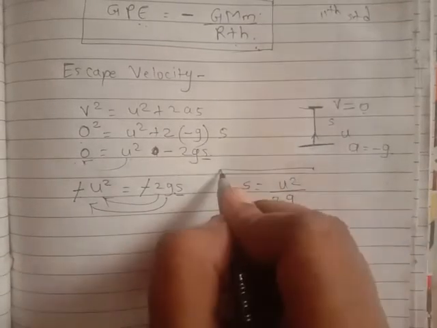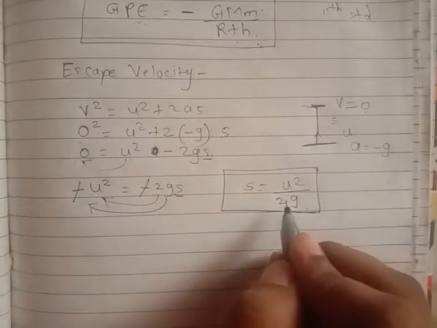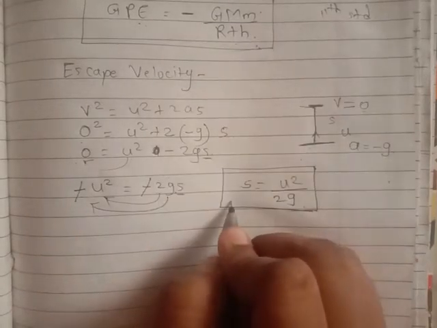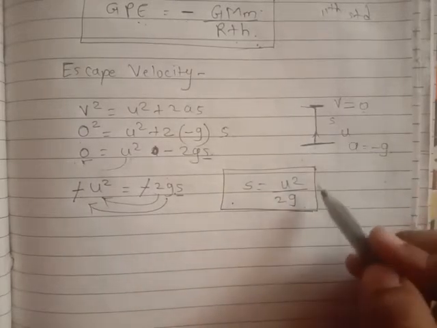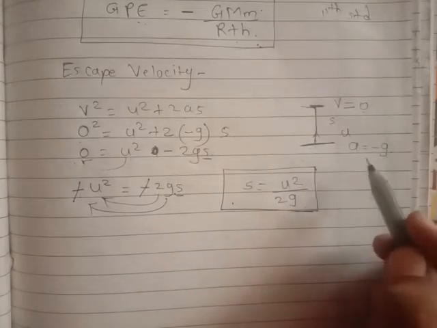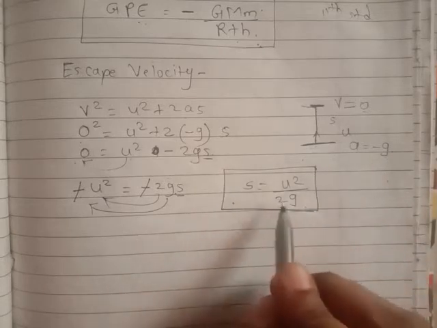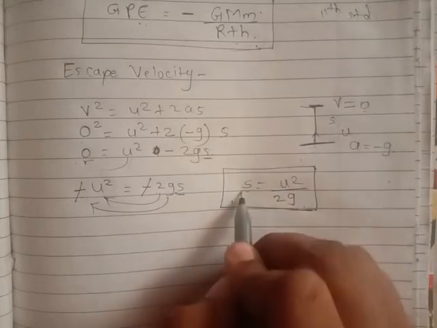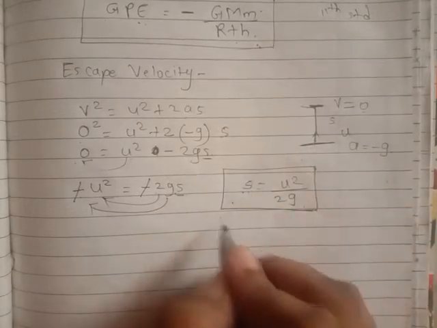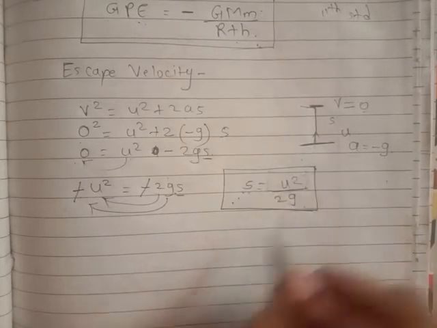Okay, this is the formula for the displacement of an object when we throw it vertically upward. What you can conclude from this formula is that the maximum distance which can be reached by the object depends on only one value, that is its initial velocity.